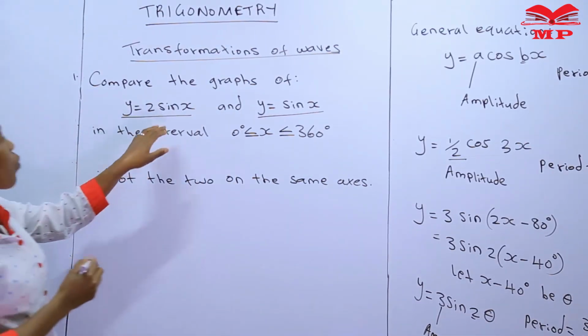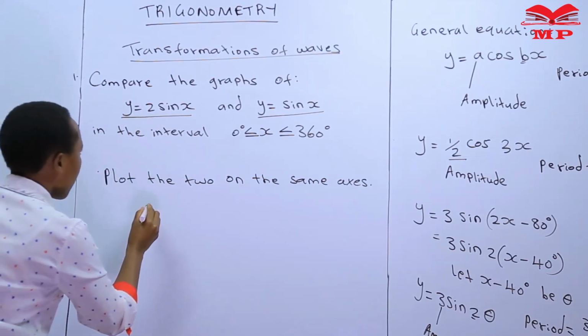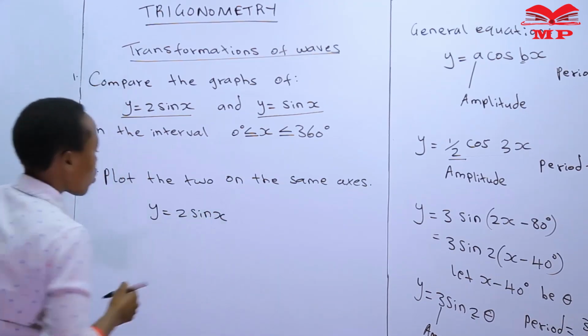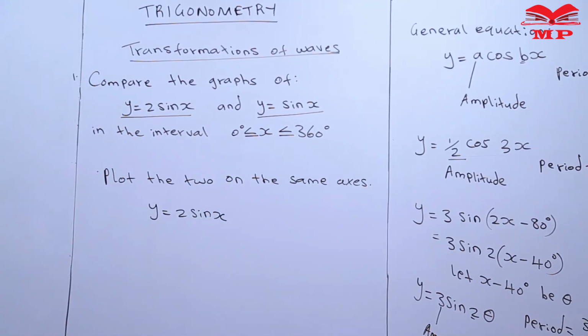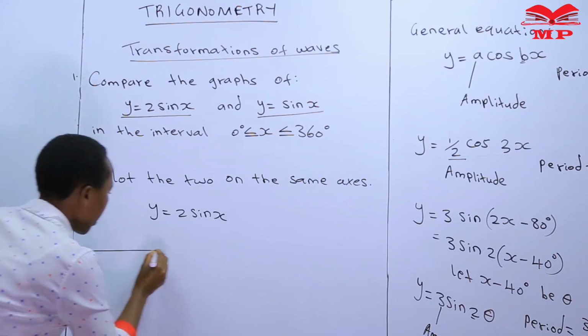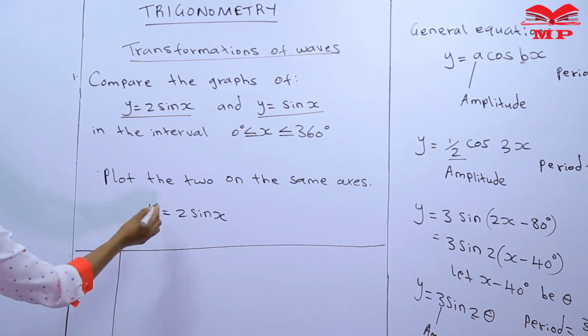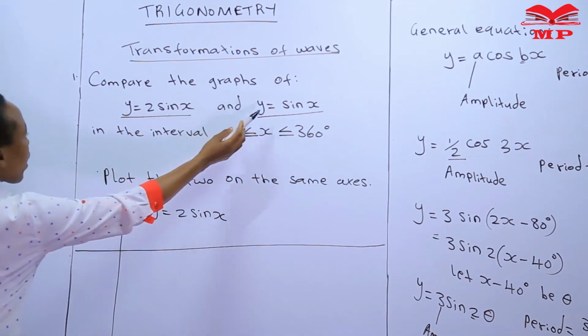So we can start with y is equal to 2 sine x. In this we require a table. We require a table for the values of x and the corresponding values of y. We can even have one table for both of them, because this is 2 sine x, the other one is sine x.